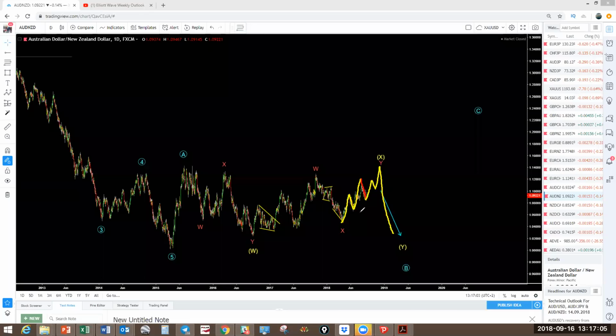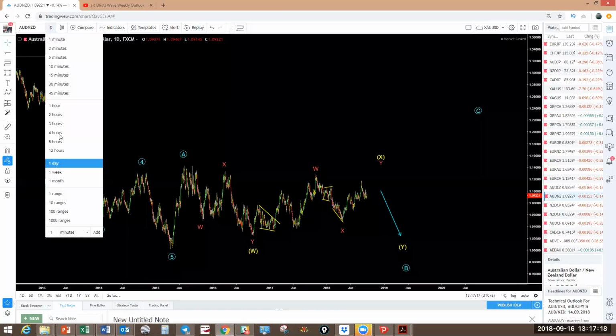So we just need to see which one we're going to get if we're going to get into the lower time frame. So let's go to the lower time frame and see whether we're going to get a 1 up or if it's going to go all the way just like this without going 1 up. So let's go 4 hour.